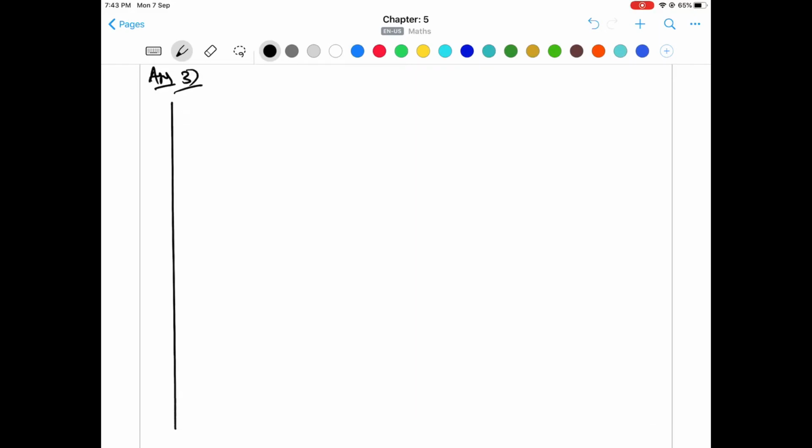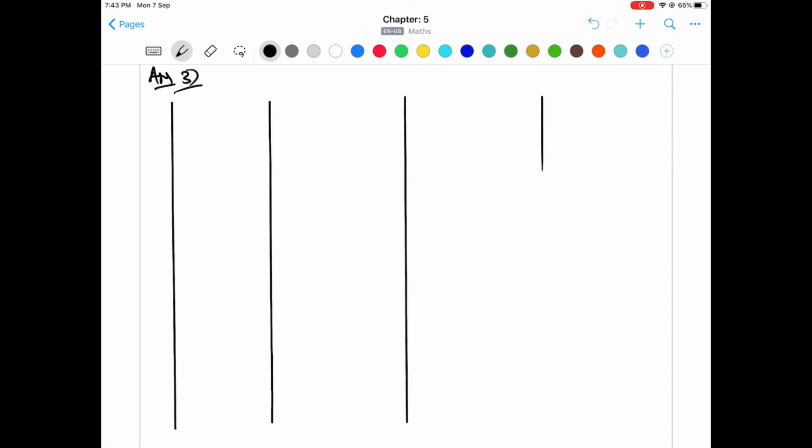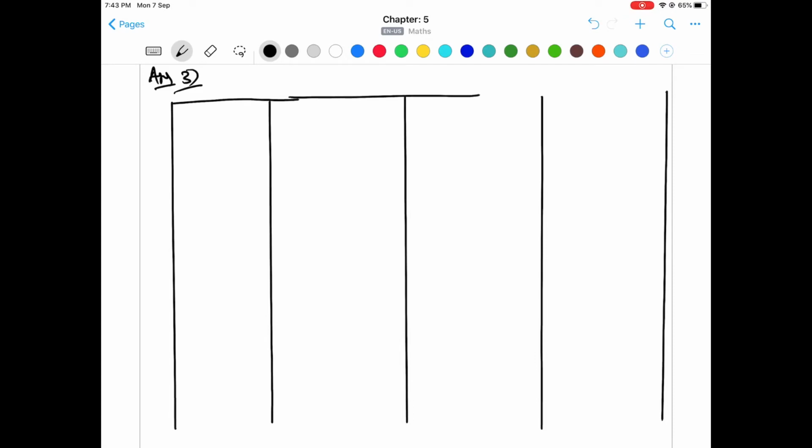Let's start making a table. The first column will represent the color, then the number of people, then the third one is fraction, like I said, and the last one is central angle. So let's complete this table.